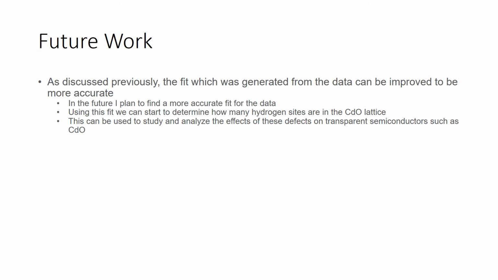Since we identified how many specific hydrogen sites there are and at what temperatures they show up, we can start to study and analyze where these sites show up and how they affect the semiconductors overall, and how they affect how efficient they are.